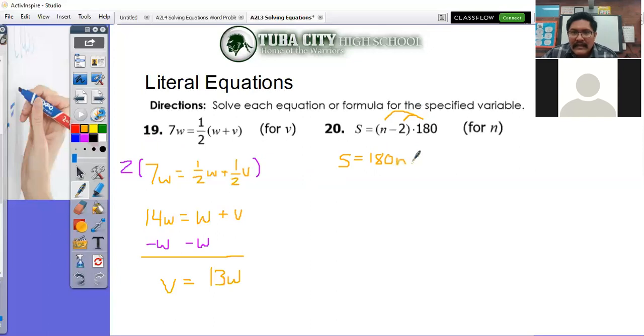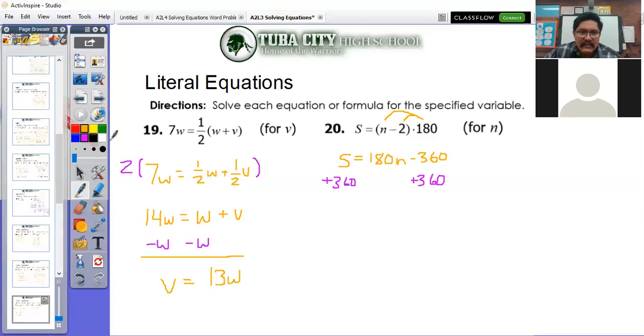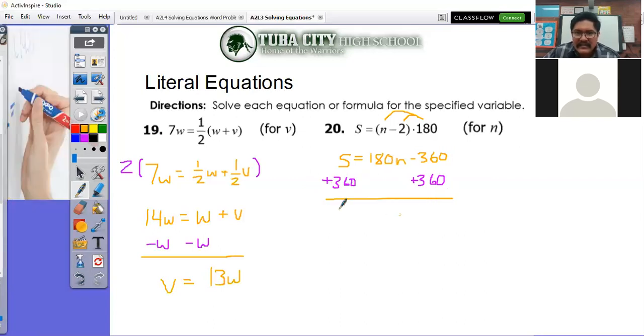So 180n minus, in this case here, we got to double 180, so it's going to be 360. But we want to get this n by itself. So this 360, it's got to go. So we do the opposite or the inverse and add 360 to both sides. Now this is s. I almost mistook it for 5 earlier.